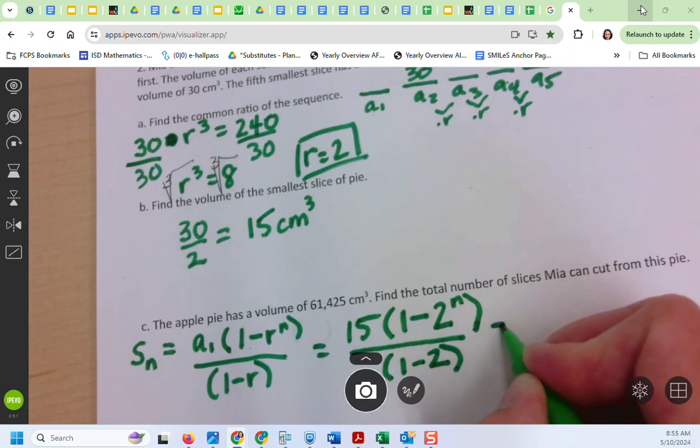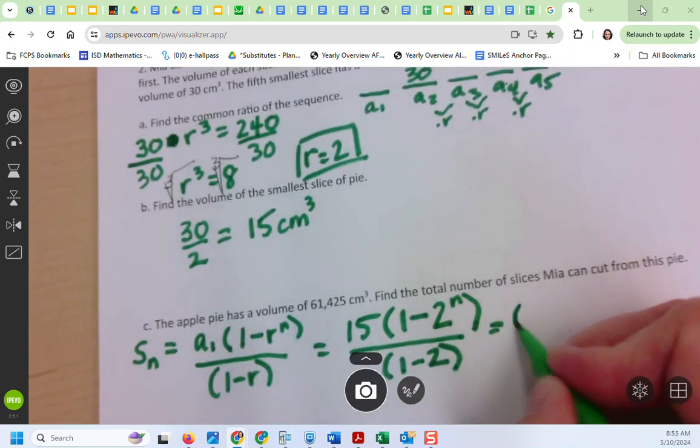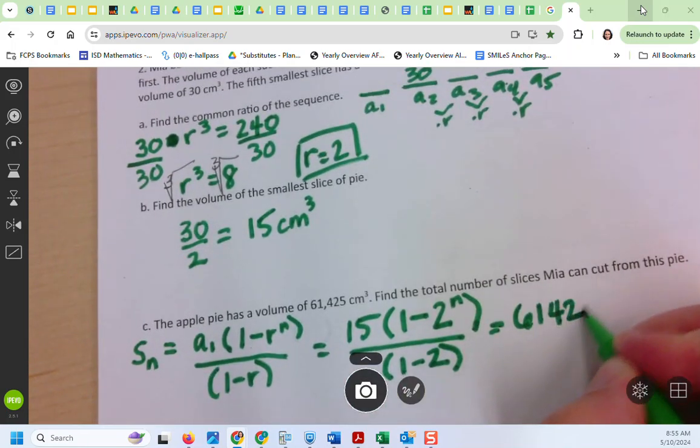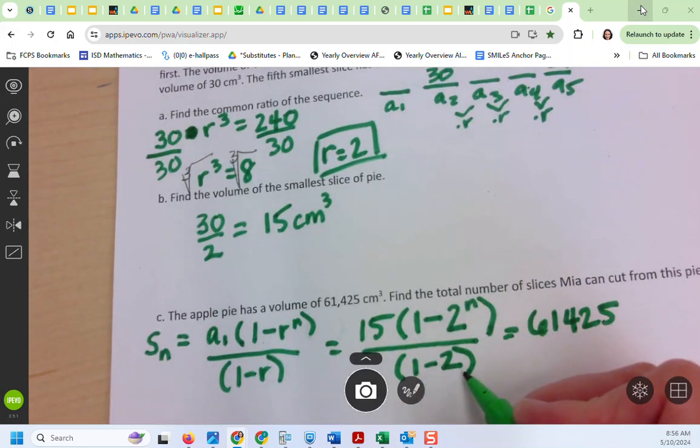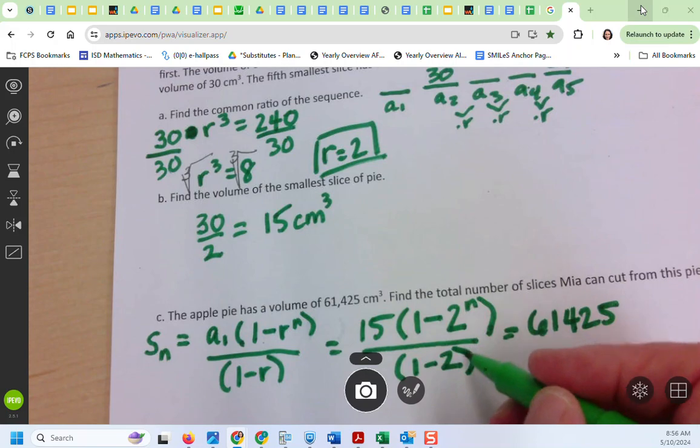Oh, and we know the sum. We know the sum is this number here, 61425. All right, what's 1 minus 2? Negative 1. The denominator here can become negative 1.